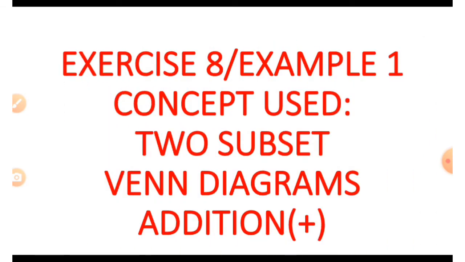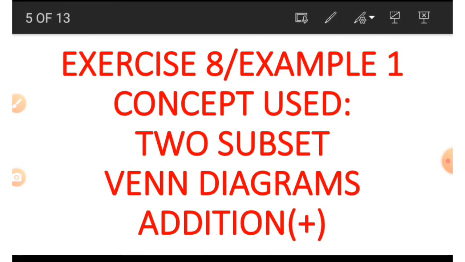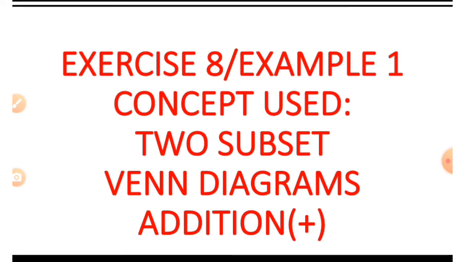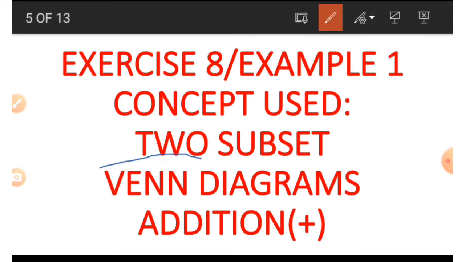Let's go to the next exercise, which is exercise 8, example 1. So what are Venn diagrams? They are rectangles and circles that are used to show information about a set of items.